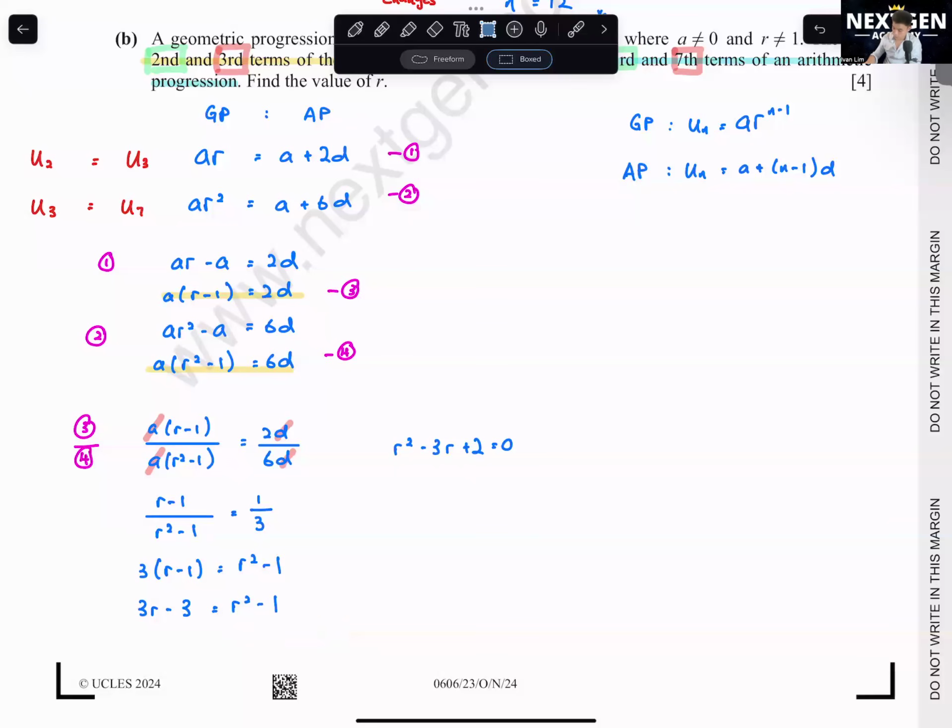Continue, we factorize this. This will be (R minus 2)(R minus 1) equals 0. R equals 2, R equals 1. But based on the question, they say R cannot be equal to 1. So we will reject this value.